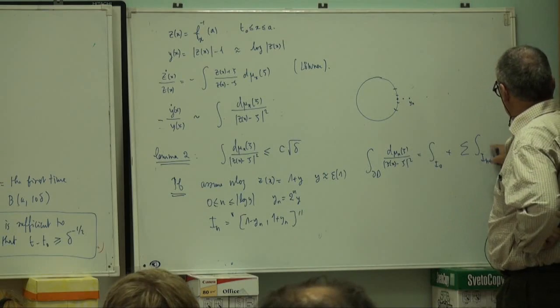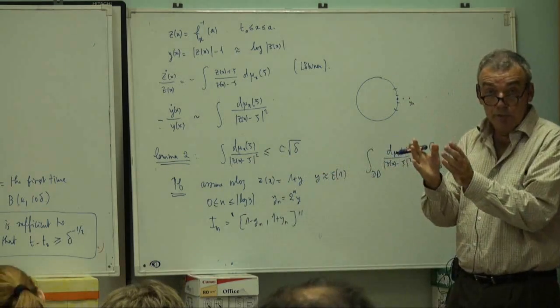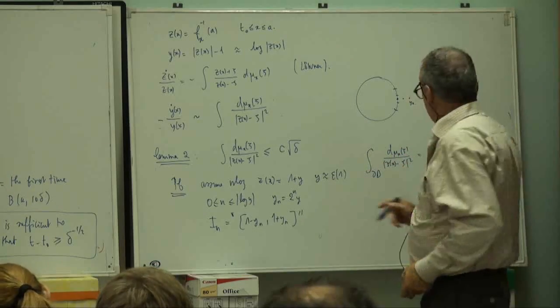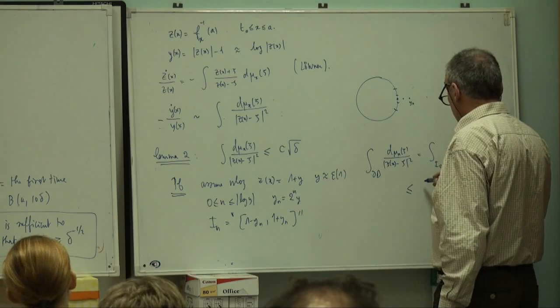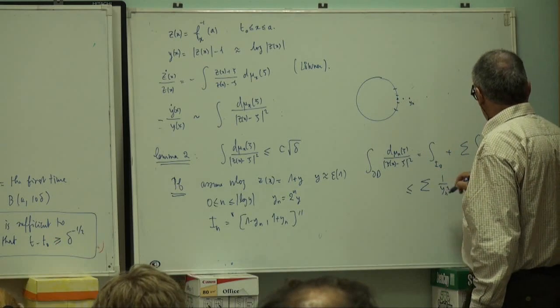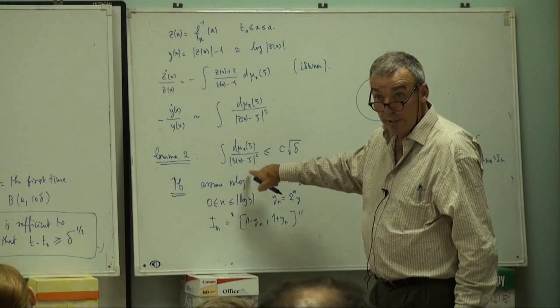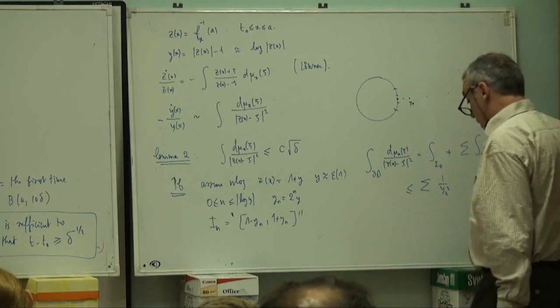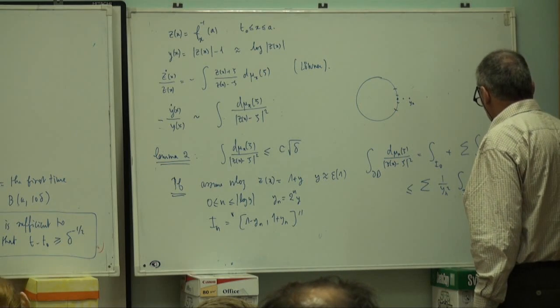And on each of these intervals, the denominator is very well controlled. So what we get is that this is less than the sum of y over yn squared, because the control I mentioned is just 1 over yn squared. And then the integral over In of epsilon squared.